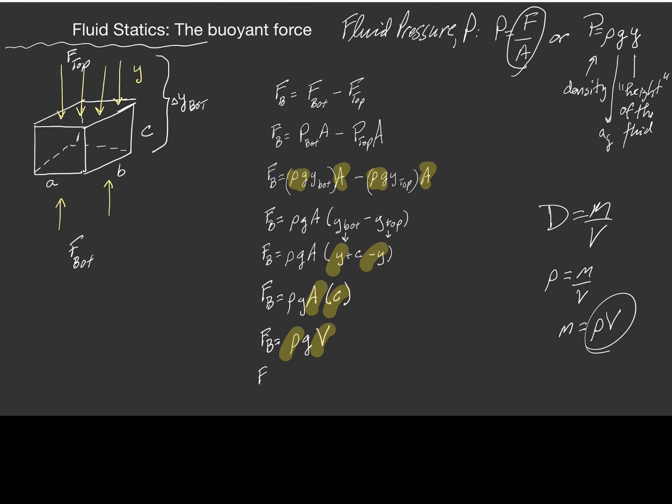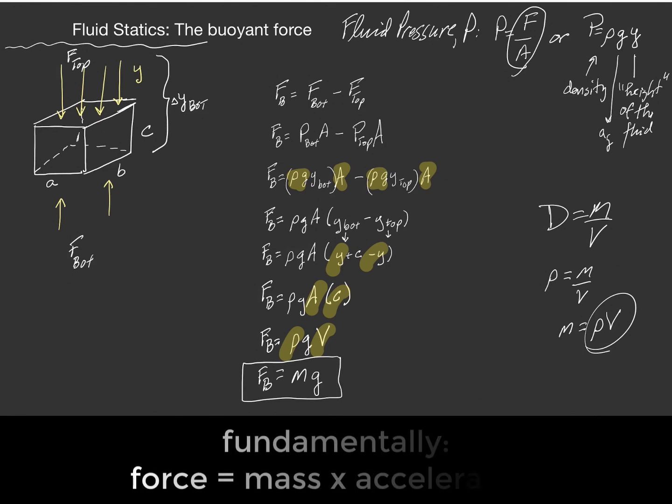So what are we going to do? You guessed it, we're going to substitute again. We're going to go mass times acceleration due to gravity. And you should recognize this equation as a fundamental equation that we use when we figure out force.